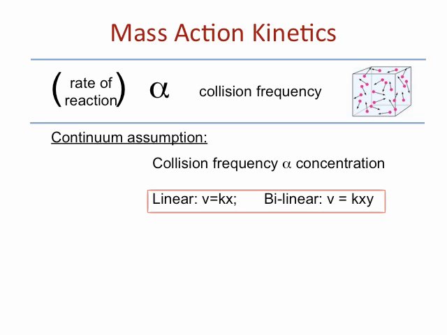This means that the mass action kinetic description of a linear reaction is just a constant times the concentration of X, and for a bilinear reaction, it's a constant times the concentration of X times the concentration of Y. And if you think back a few slides, you will now see why the units on these two coefficients are different.